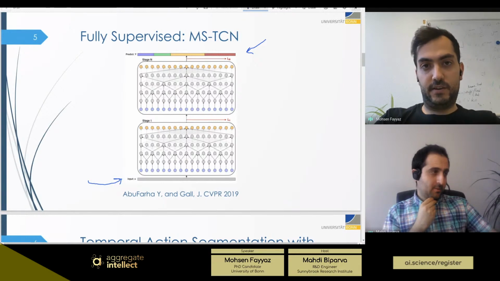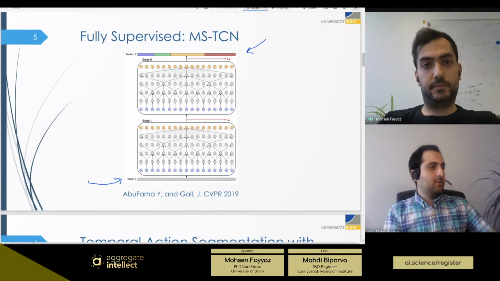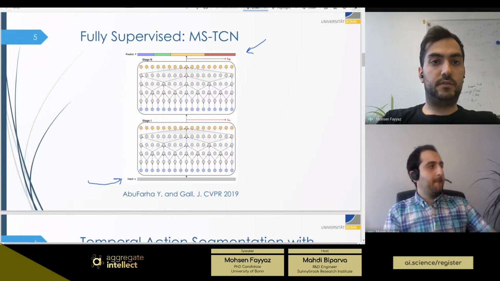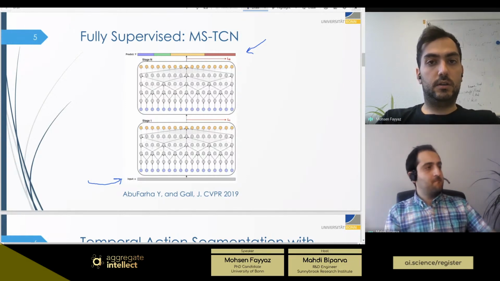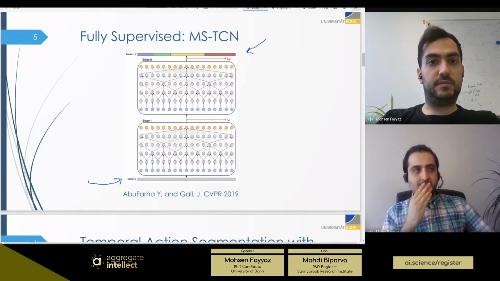But there is a point here. We said that the videos are untrimmed. So you cannot feed all of the frames into the GPU memory and expect the network to predict the action labels of every frame, and then backpropagate through it. It's not that easy.